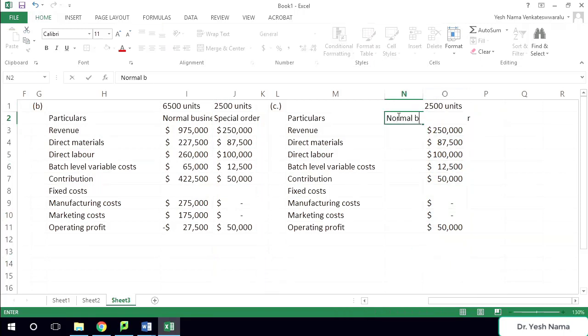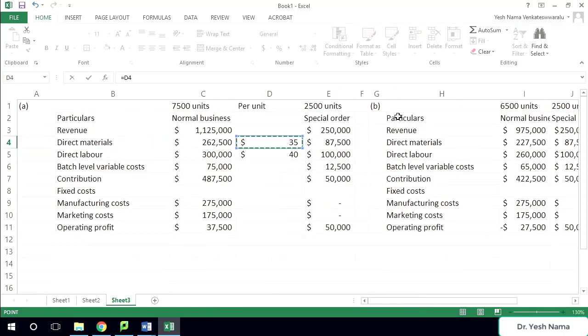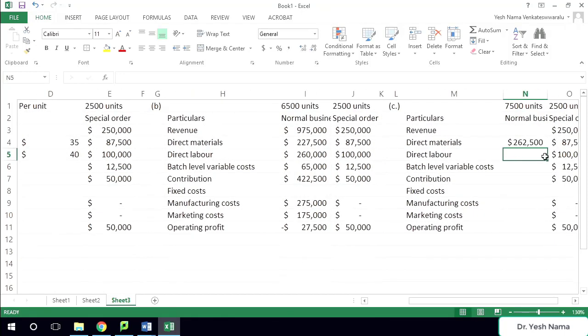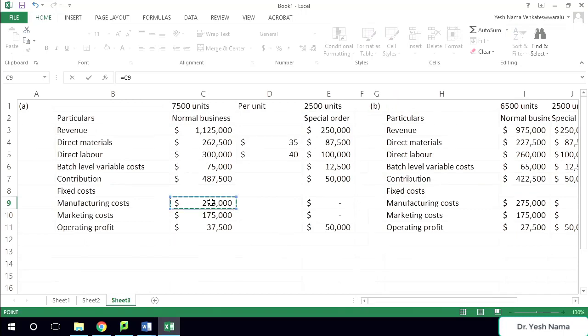Normal business now will be back to 7,500 units. Right? Normal business will be back to 7,500 units. Your cost will still be the same as your original costs. Your cost numbers will still be the same. Fixed costs will also remain the same as your original calculation.